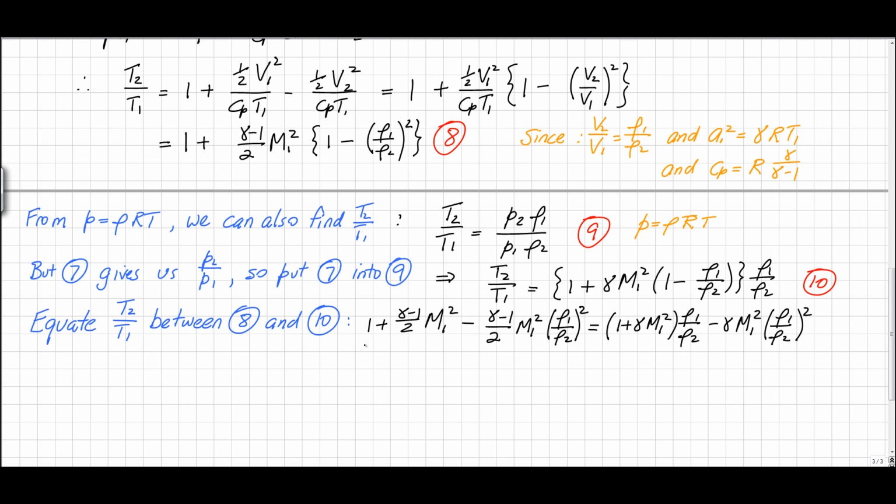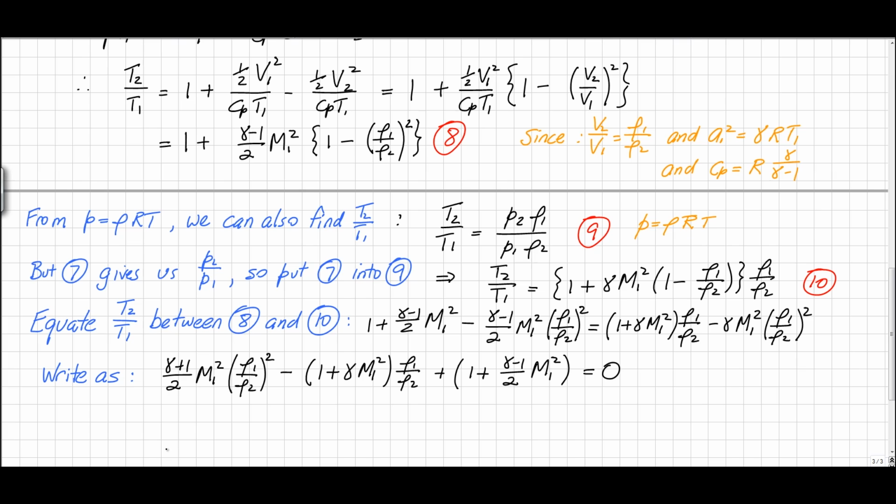If we now look at this expression, we have some terms with rho 1 over rho 2 squared in them. We have a term with rho 1 over rho 2 in it, and we have a term with neither of those in it. So we have a quadratic in rho 1 over rho 2. Collecting those terms together, we obtain this quadratic equation.